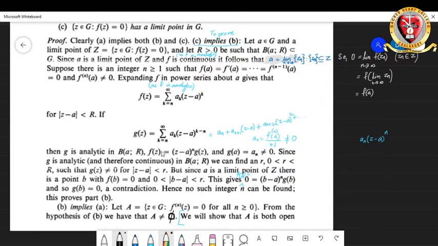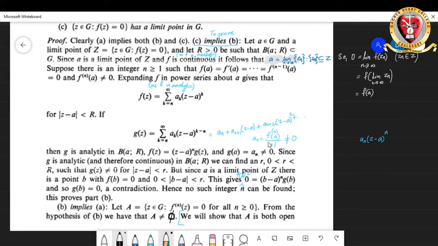If a is substituted here, g of a, the rest of the terms will be 0 and what you are left with is a_n. So g of a is equal to a_n, which is the coefficient of the term (z minus a) to the power n in f of z, which is a power series.